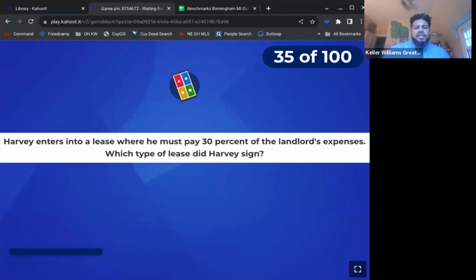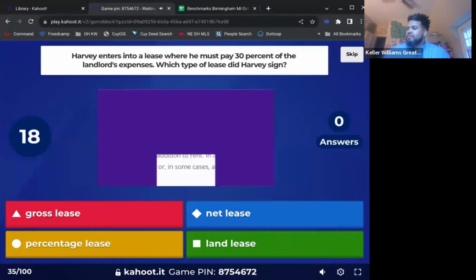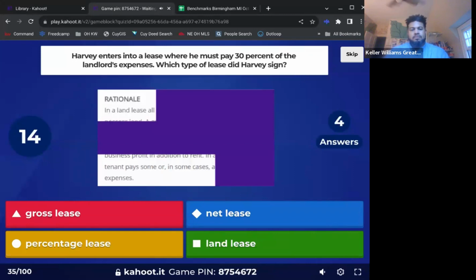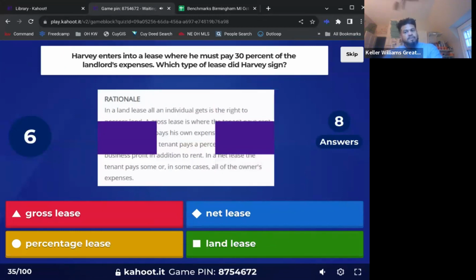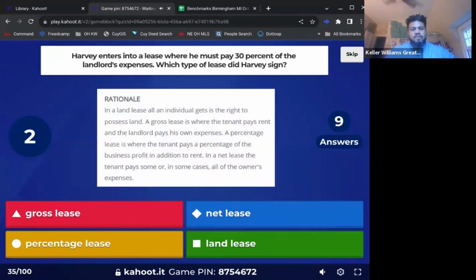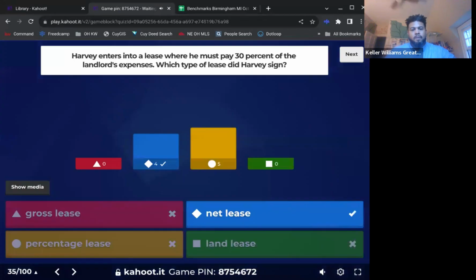Harvey enters into a lease where he must pay 30% of the landlord's expenses. Which type of lease did Harvey sign? Net lease.